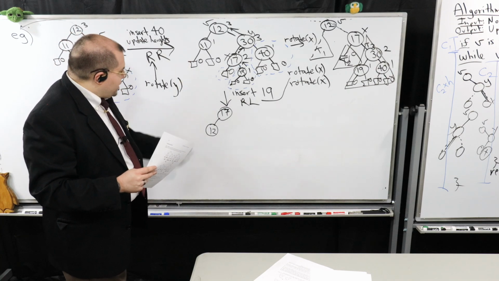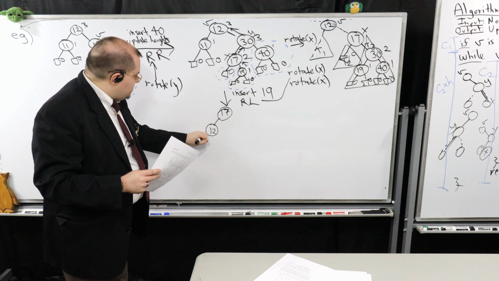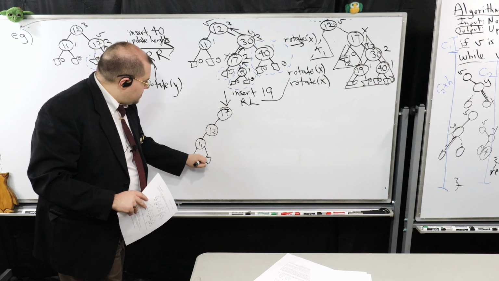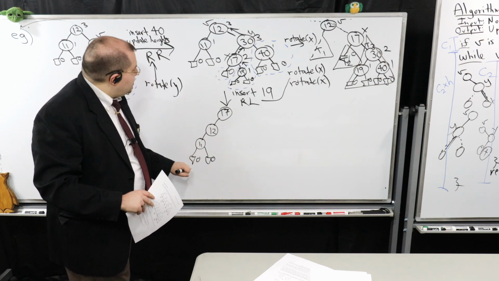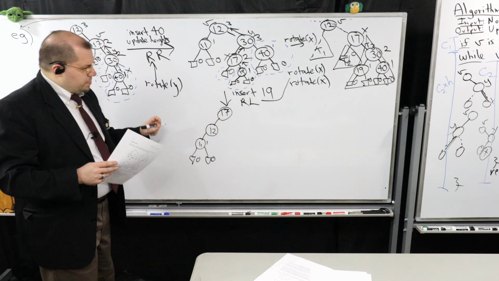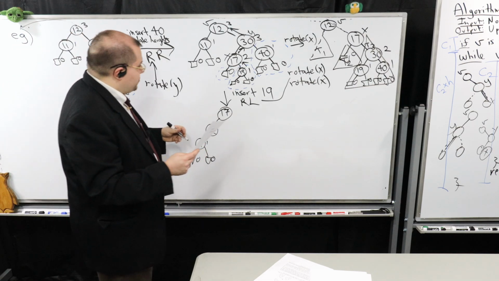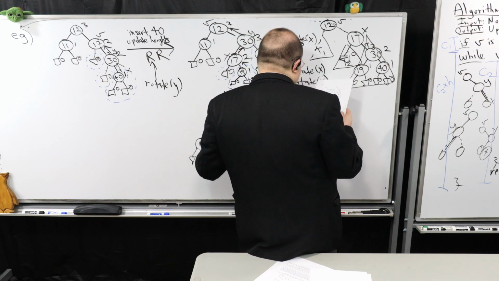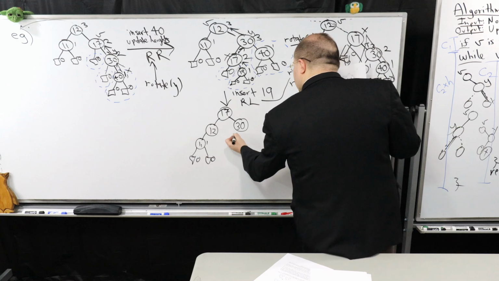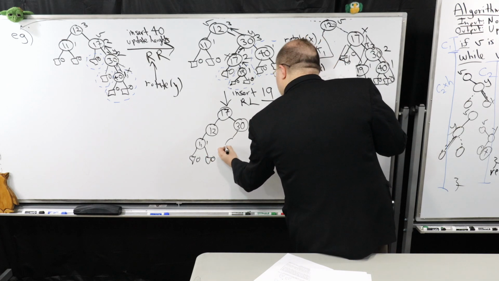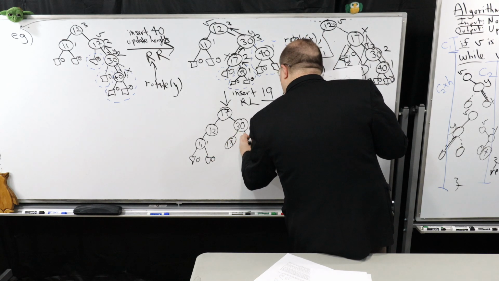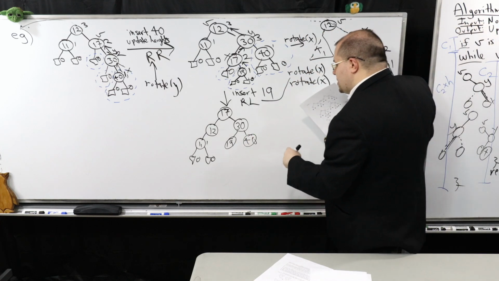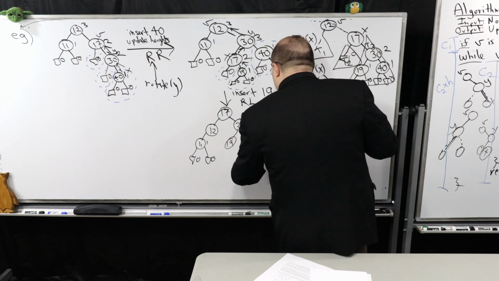There's this left subtree that goes along with this. Then I have my right subtree, because I'm dragging back up 30. And I should have 19 here and 40, just like in my picture over here. So I have 19 and 40.